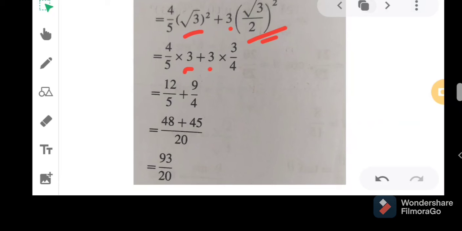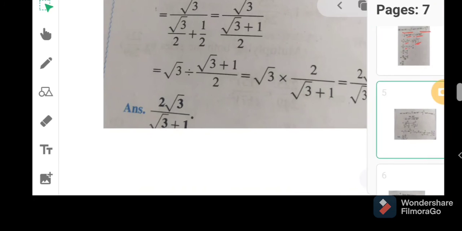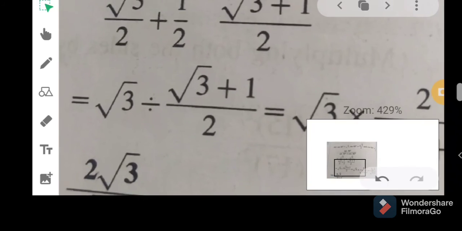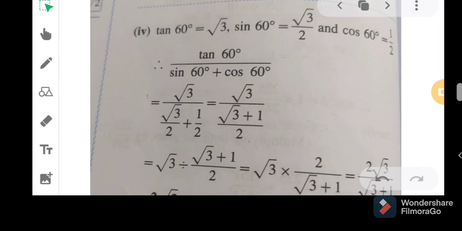Okay friends, now come to the next example, another example given to us. Find the value of tan 60 upon sin 60 plus cos 60. We know the value of tan 60 is root 3, sin 60 is root 3 by 2, and cos 60 is 1 by 2.